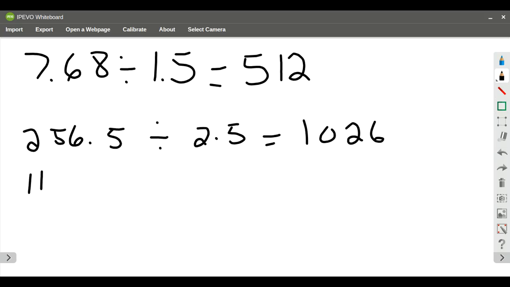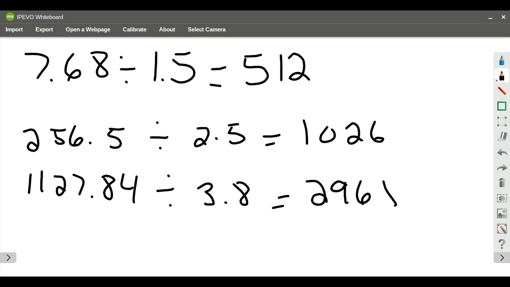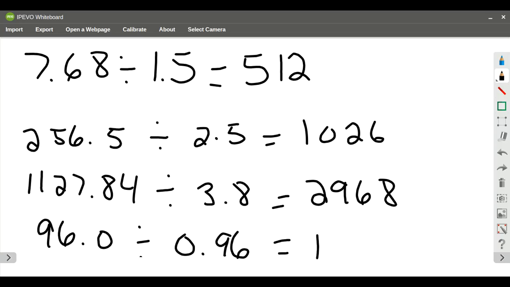And then 1127.84 divided by 3.8 equals 2968. And then the last one is 96 divided by 96 hundredths equals 1, 2, 3, 4, 5 zeros. I think that's it. Let me check how many zeros I had on that one. Yep, 5.